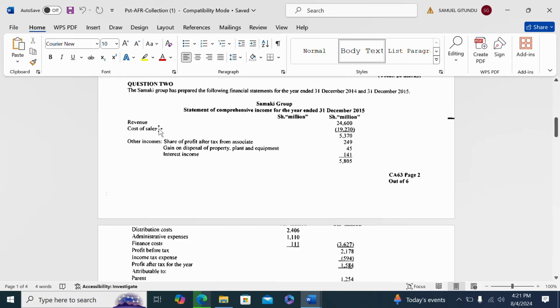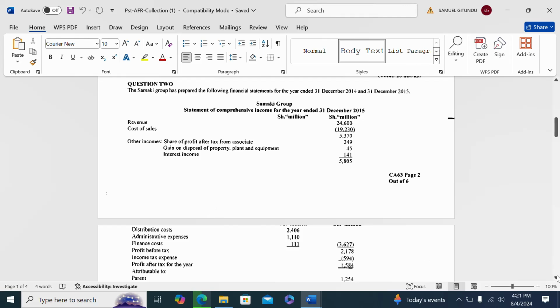We have revenue 24,600 million, cost of sale 19,320 million, other income. So at other income, we have share of profit after tax from associate 249, gain on disposal of property, plant and equipment 45, interest income 141.